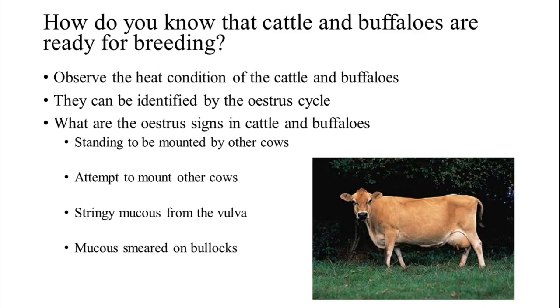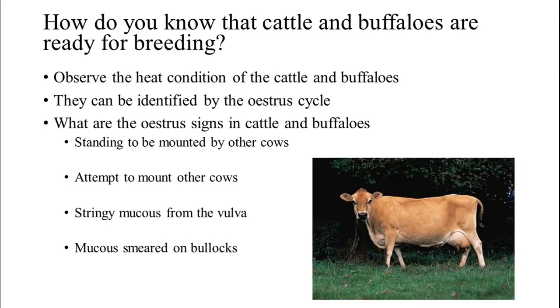Before we go through all these breeding systems, we need to learn about when the cattle and buffaloes are ready for breeding. It is most important. We cannot take up a breeding process at all times. There are particular times for the cattle, so we need to learn the times of breeding of the cattle and buffaloes.